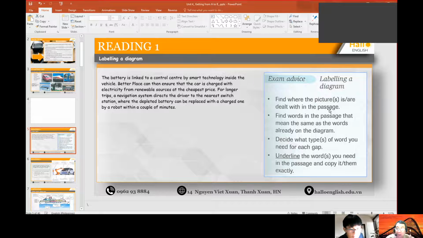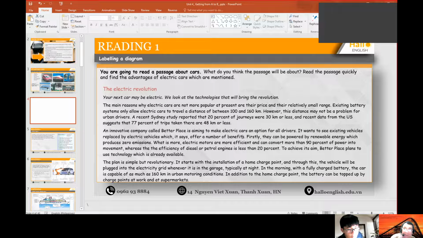If that is just only one picture, find where the pictures are dealt with in the passage. Okay, so can we see a picture in this passage? No. Okay, sometimes there would be no picture, sometimes there would be only pictures. Okay, and try to understand the picture.